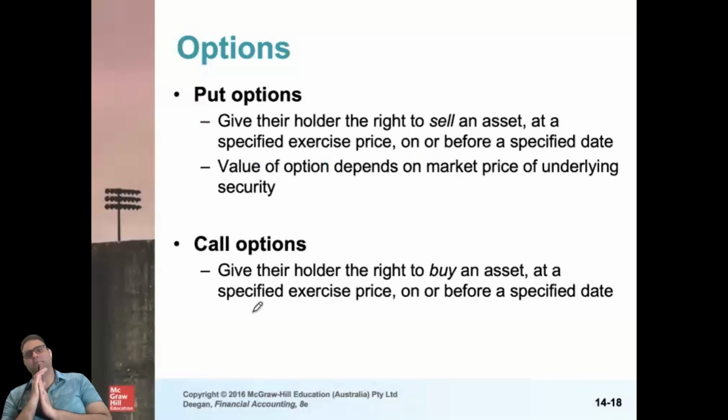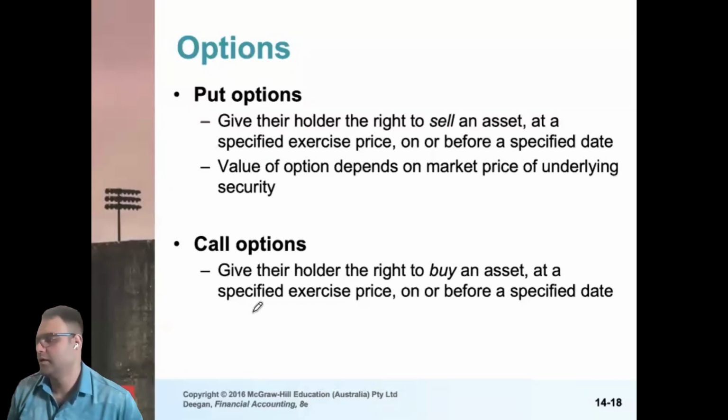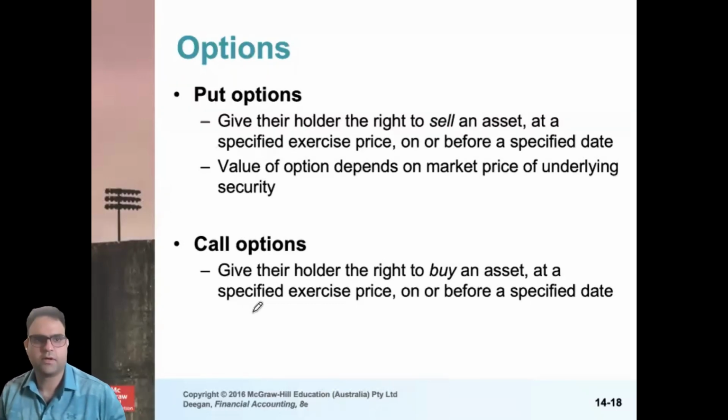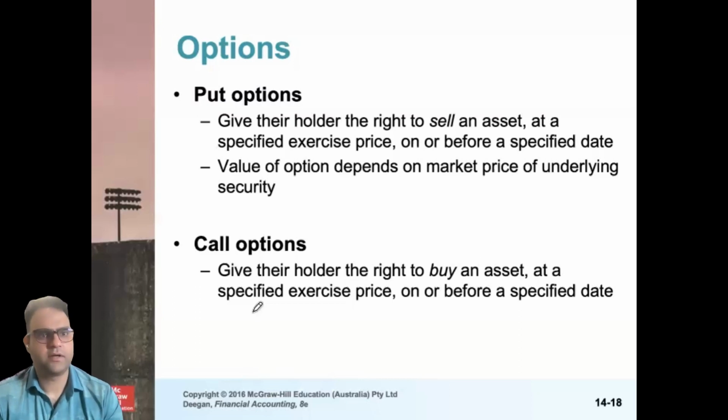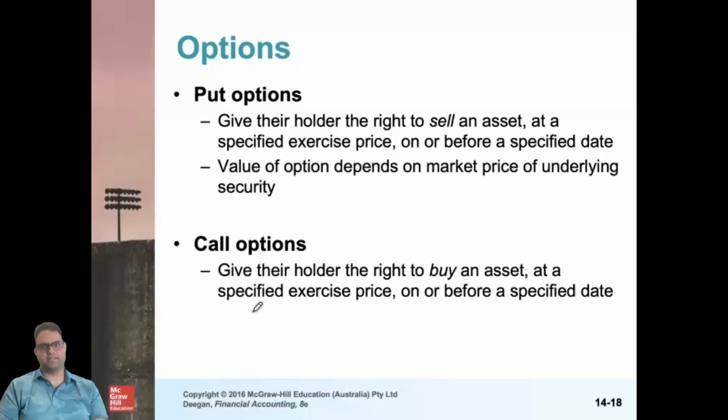Options. Options means the put option and the call option. One of the students sent me an email, sir, I cannot differentiate between the put and call option. So a put option basically gives the holder the right to sell. Means the holder of that particular instrument can sell the underlying asset. So the holder in the put option is normally the seller.